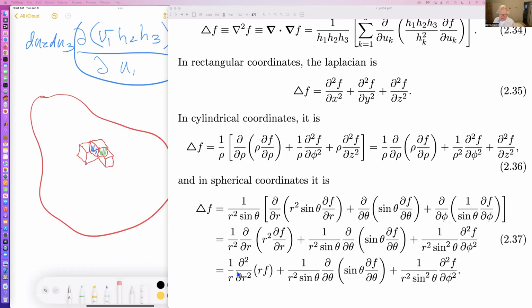And in spherical coordinates, it has, in general, this form, but that turns into two interesting forms that differ according to how we write the R form. It can be written as 1 over R squared d by dR of R squared times df dR, or it can be written as 1 over R, second derivative with respect to R of R f.